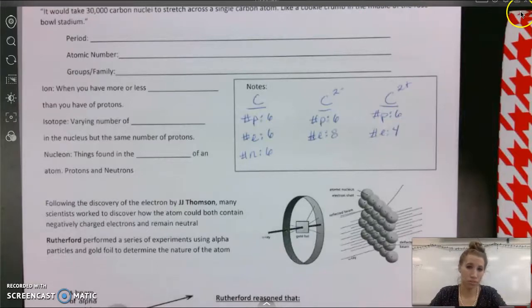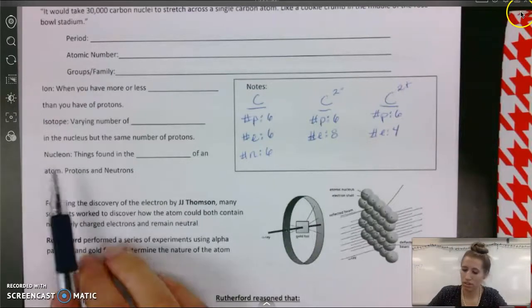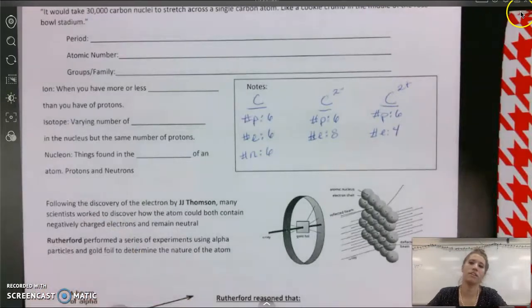The majority of the mass of an atom is the protons and neutrons, and only a tiny fraction of the mass comes from the electrons. And so if we want to come up with a mass number for a specific isotope, it's the number of protons plus the number of neutrons, or the nucleons. It's the things found in the nucleus, which is protons and neutrons.